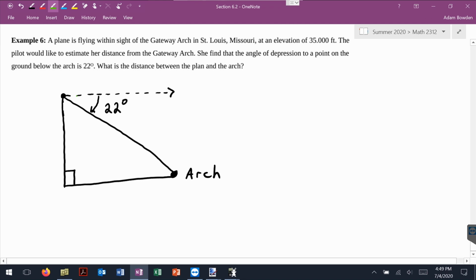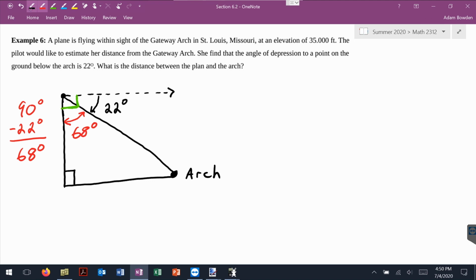And what I like to do is consider the fact that I have 90 degrees here with the perpendicular line that drops down straight to the ground. There's 90 degrees there, and the horizontal direction the plane is traveling. So we can figure out this angle that's inside of our right triangle by taking the 22 degrees and subtracting it away from 90, which gives me 68 degrees.